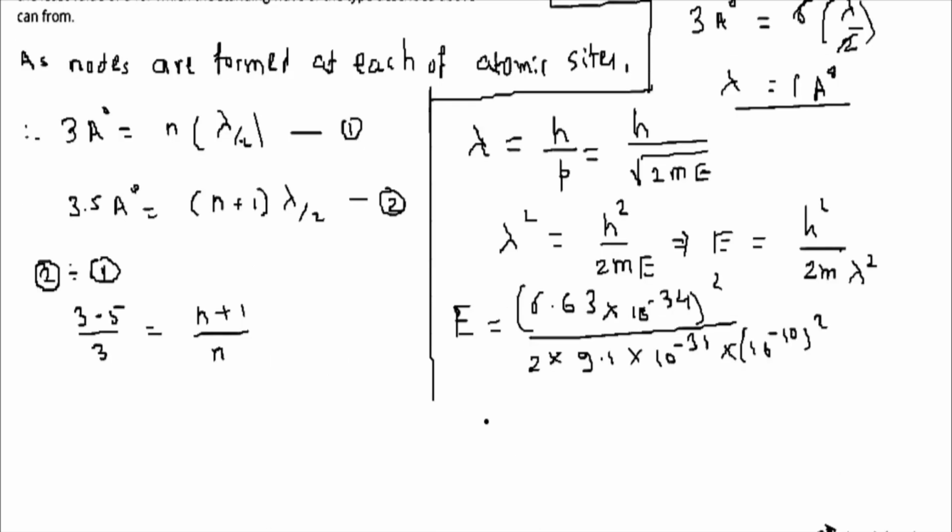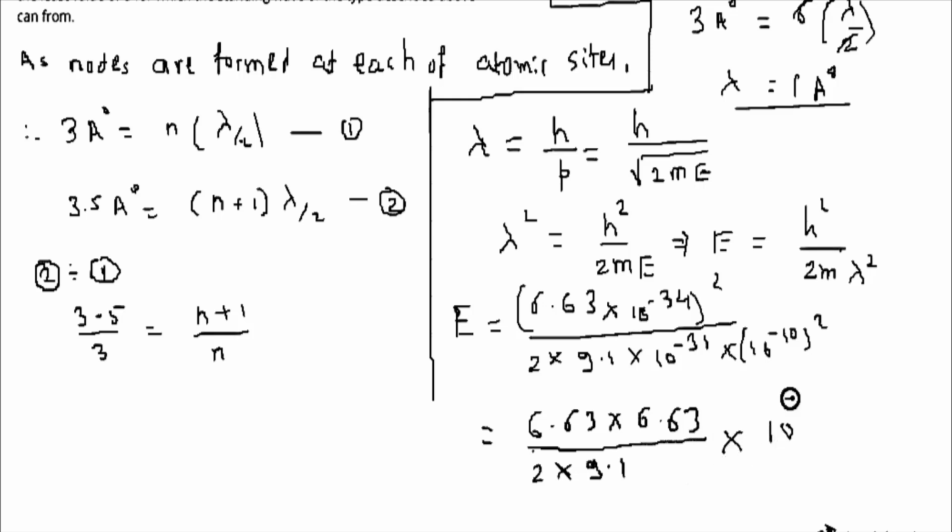Now we'll write all the numbers together. We have 6.63 square divided by 2 into 9.1. Then the powers of 10: minus 34 minus 34 is minus 68, then 10 raised to minus 31, and 10 raised to minus 10 squared means 10 raised to minus 20.